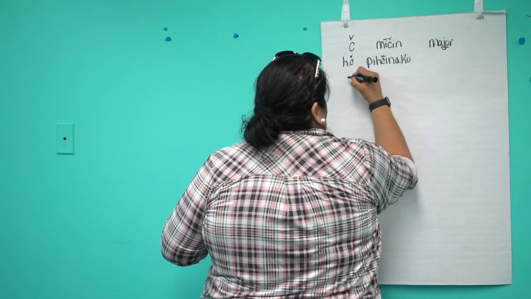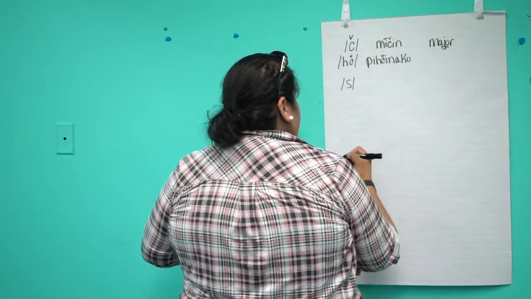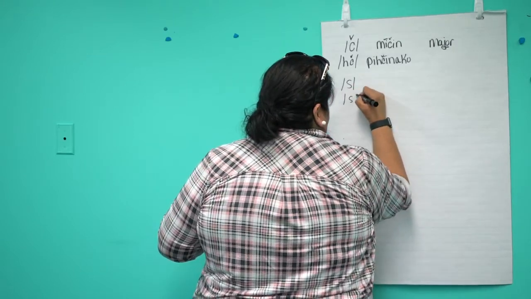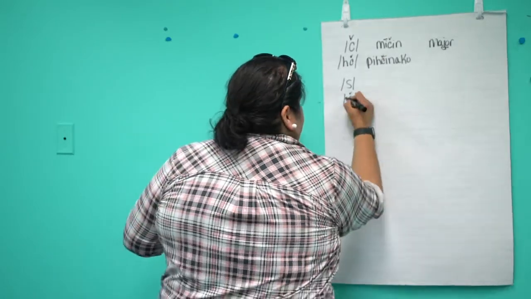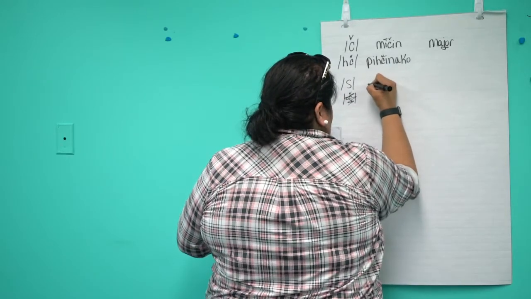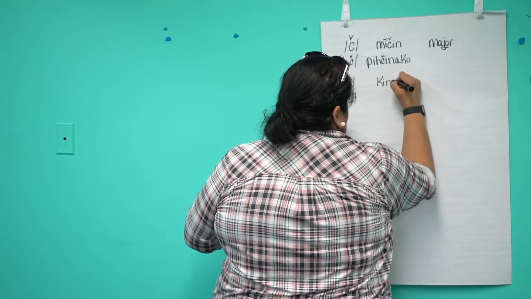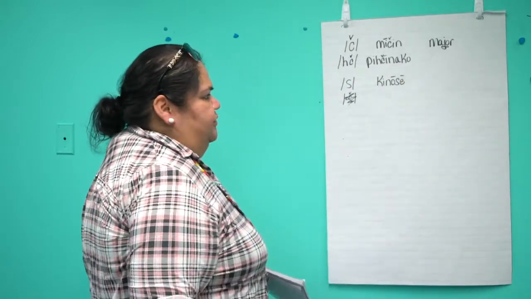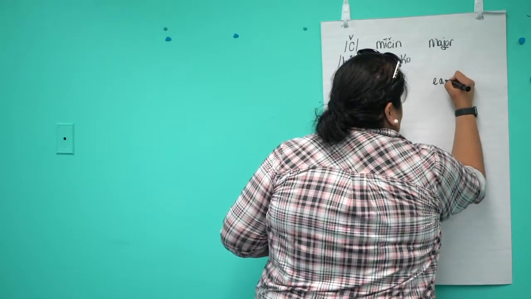An S. These are just like this. Oh no, mixing it up, sorry. I'm just trying to make this simpler. Gnose. It kind of sounds like the word easy.